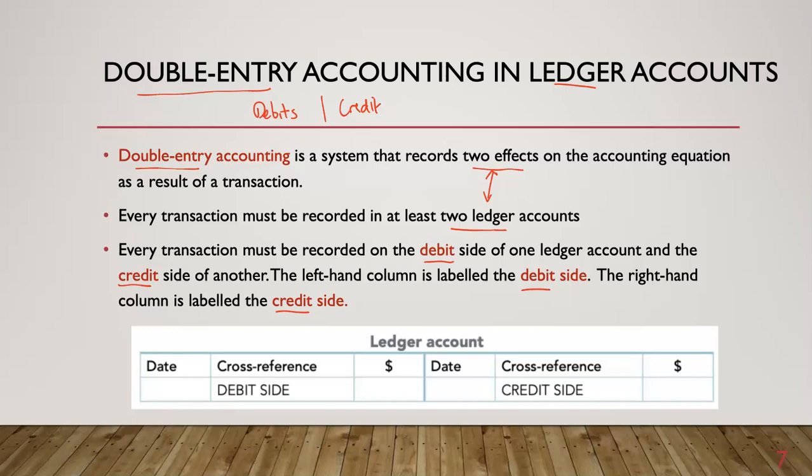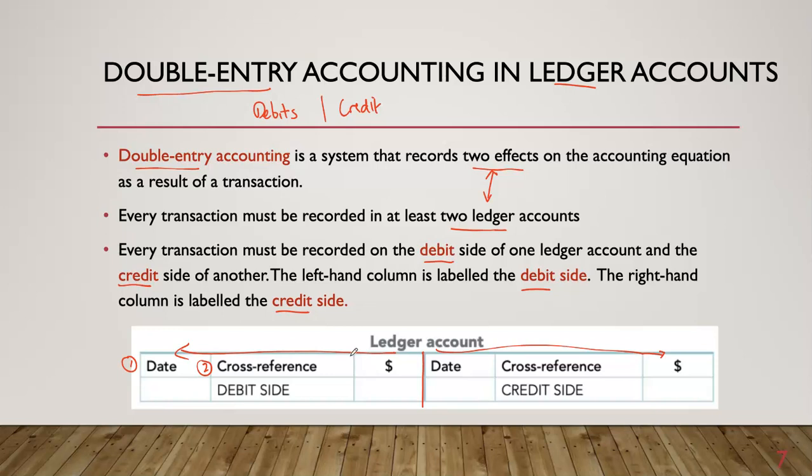You can see that I have essentially split my page in two with the same three headings on the left and on the right. The first one being date, the second one being cross-reference, and the third one being the dollar amount. And we'll come to the cross-reference in a second.